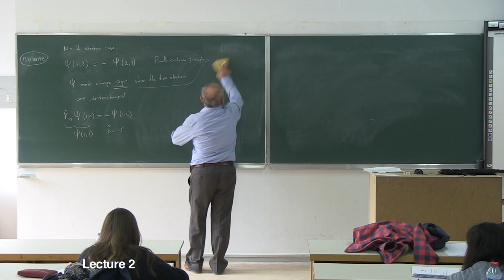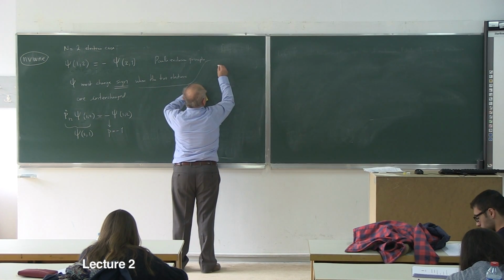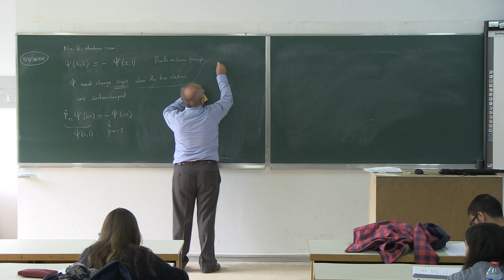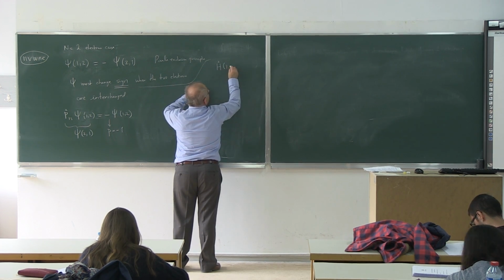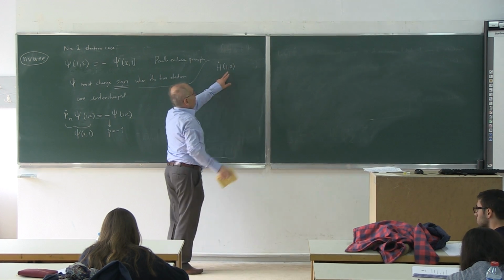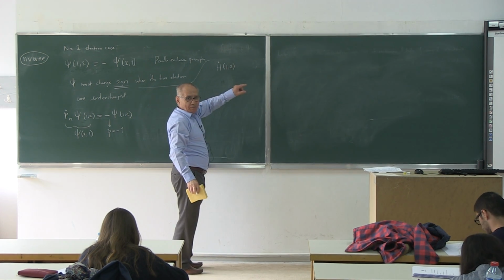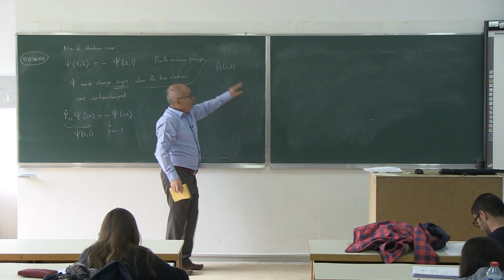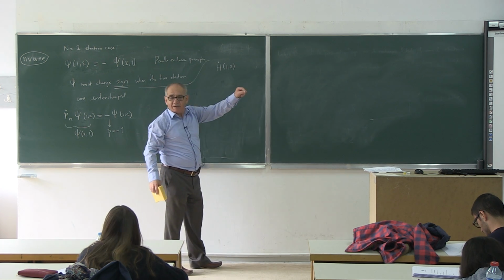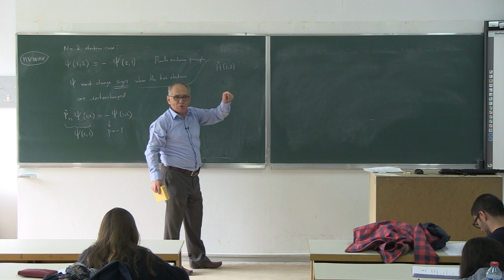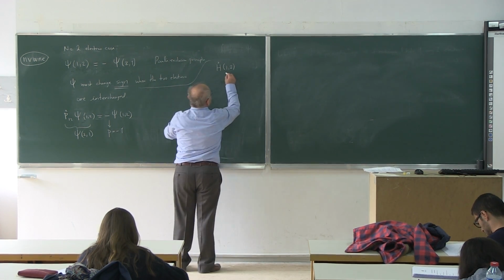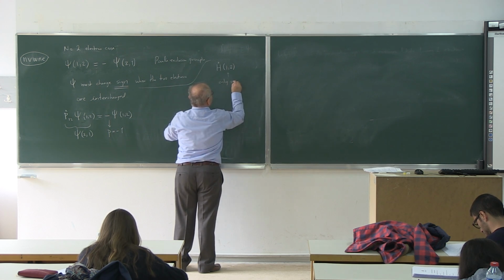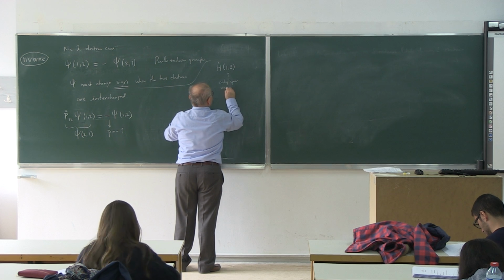Let us write this expression a little bit more explicitly. The Hamiltonian for the helium atom is a function of the two electron variables. But if you remember the expression for the Hamiltonian, it contains only space variables.